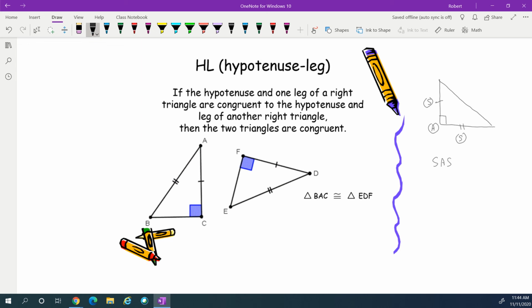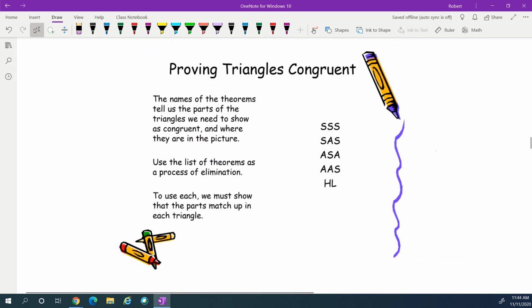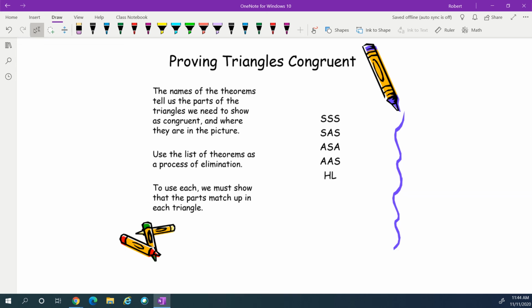Now, there's only 5 ways to determine triangles are congruent. So we want to make sure that we understand what these terms mean, and then we can start to apply them. So again, there's only 5 ways, and we're going to use it as a process of elimination. SSS for side, side, side. SAS, side, angle, side. ASA for angle, side, angle. AAS, angle, angle, side.